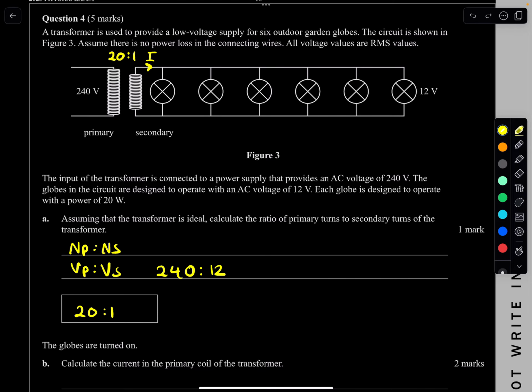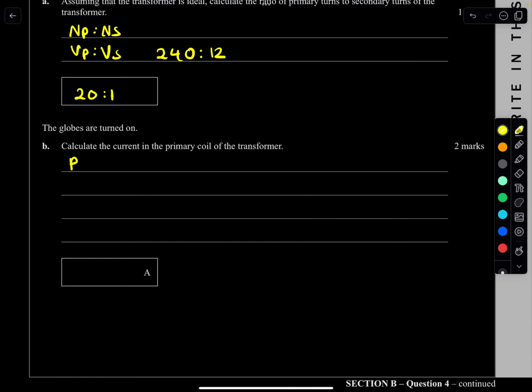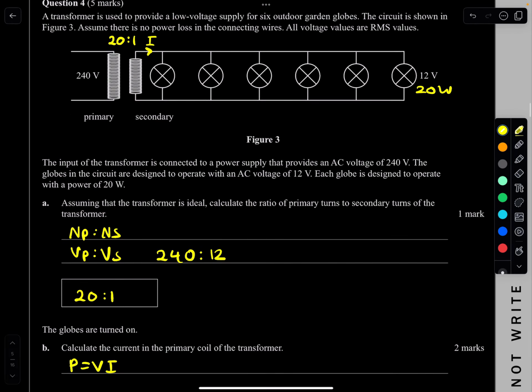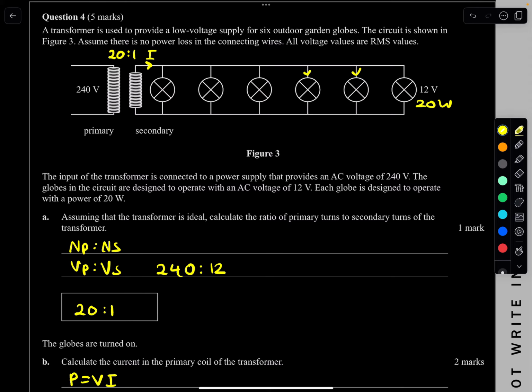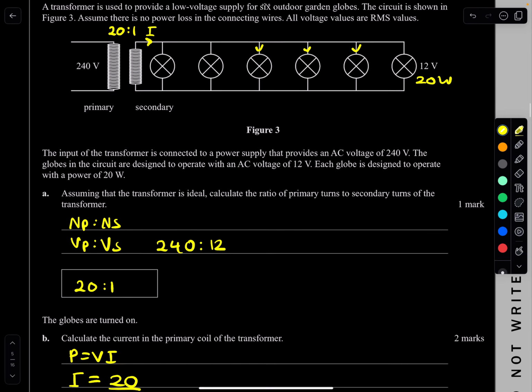We know the power for each globe is 20 watts, and we know the voltage they run on. So if I know that P equals VI, I can find the current in each of these little circuits. So current is just your power, which is 20, divided by your voltage, which is 12.